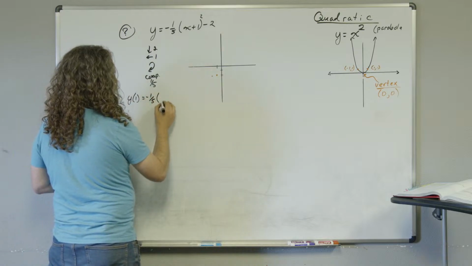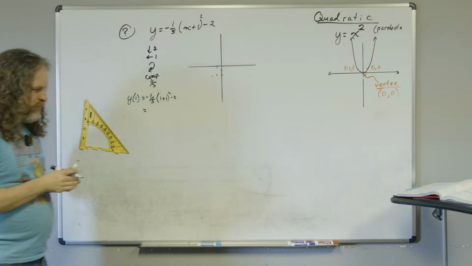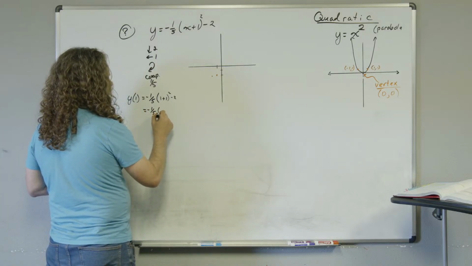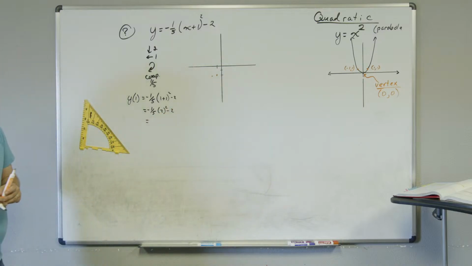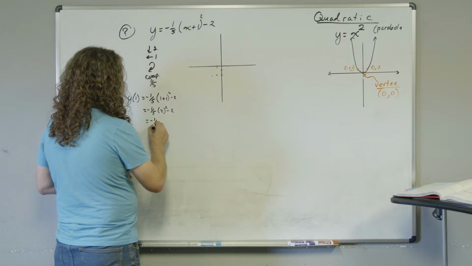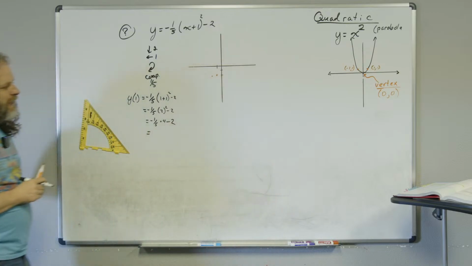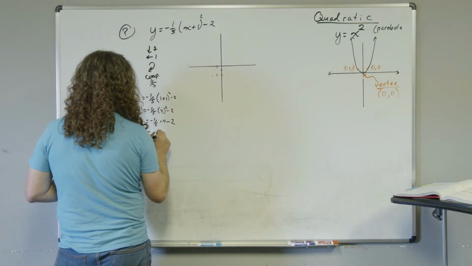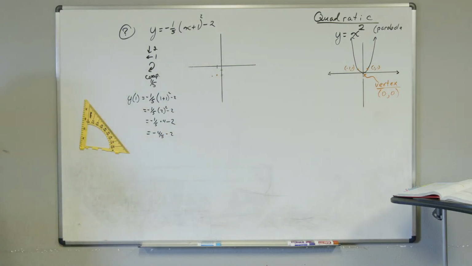-1/5 times 1 plus 1 squared minus 2. So what is 1 plus 1? 2. -1/5 times 2 squared. What is 2 squared? 4. What is -1/5 times 4? Negative though, right? -4/5 minus 2. What is -4/5 minus 2?